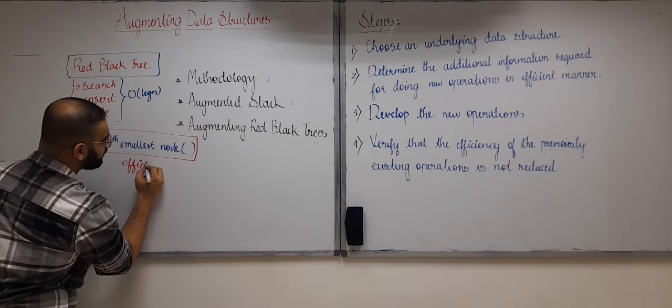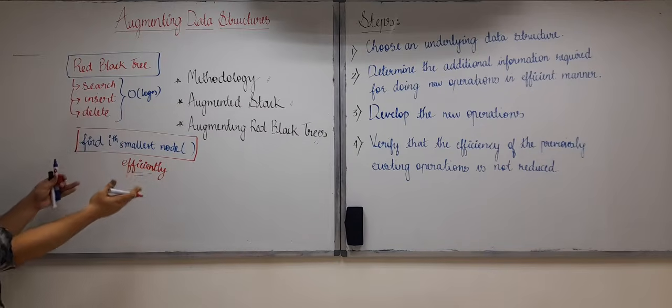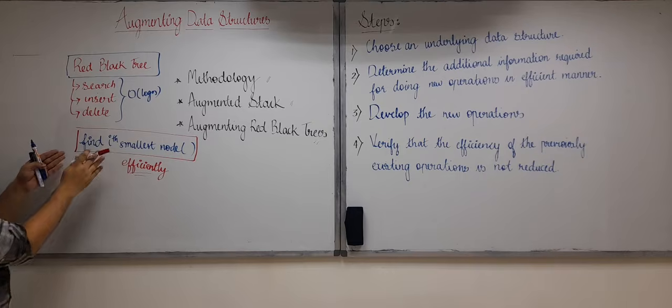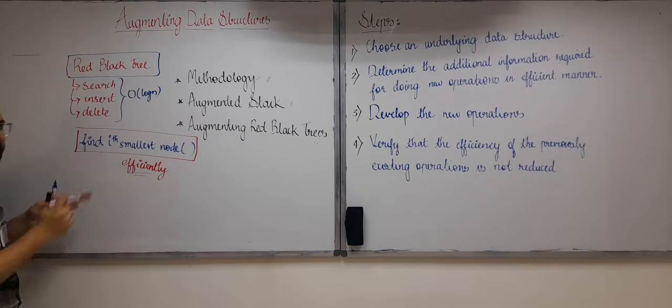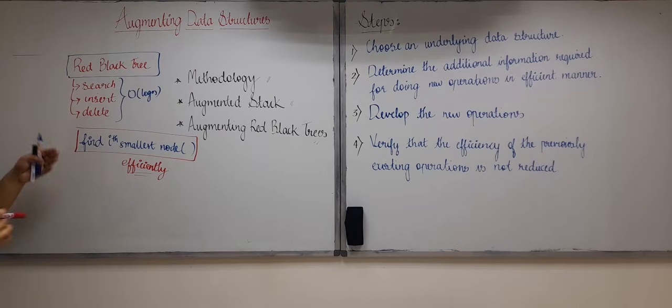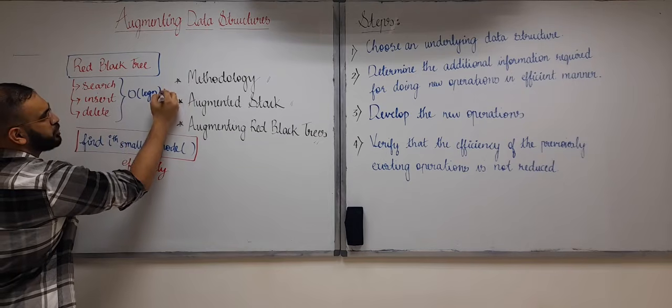I don't just have to perform this operation, but I also have to perform this new operation efficiently in case of a red-black tree. But at the same time, I want that when I modify my red-black tree in order to perform this new operation efficiently, the efficiency of these already existing operations should not reduce, or the time complexity of these already existing operations should not go down.